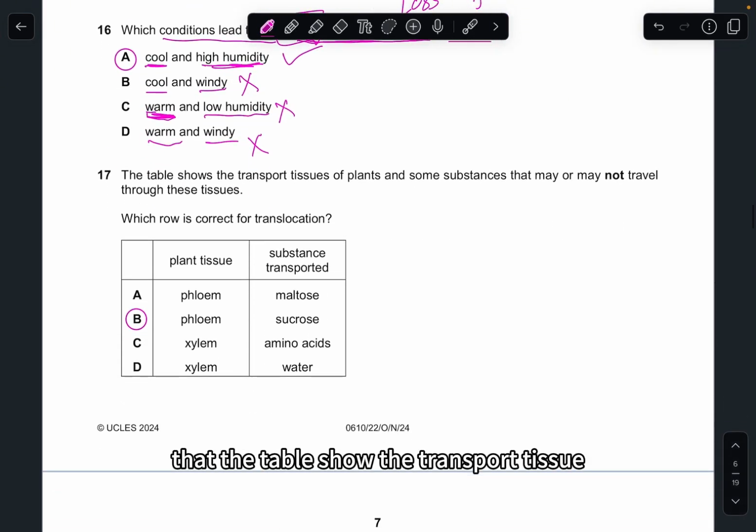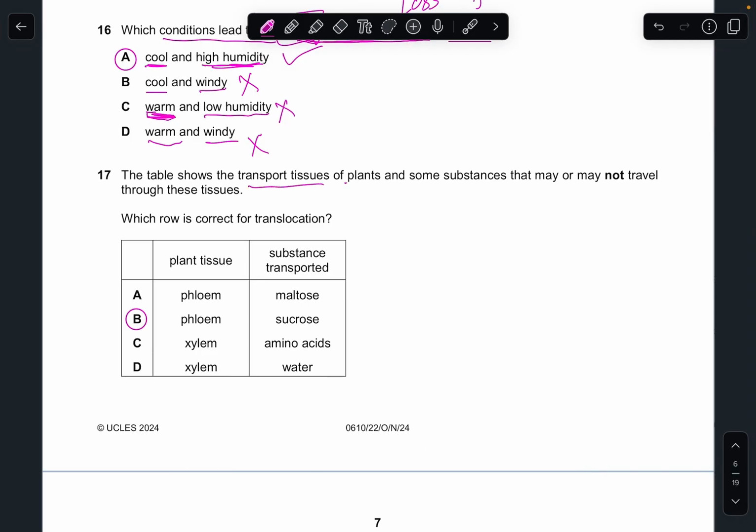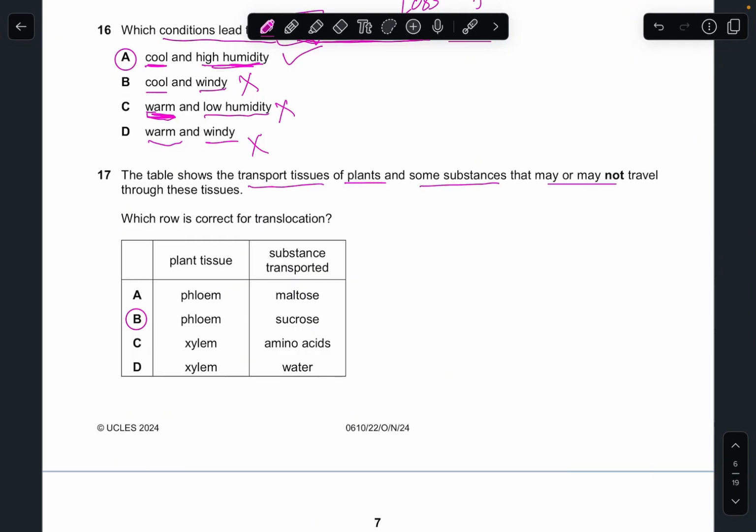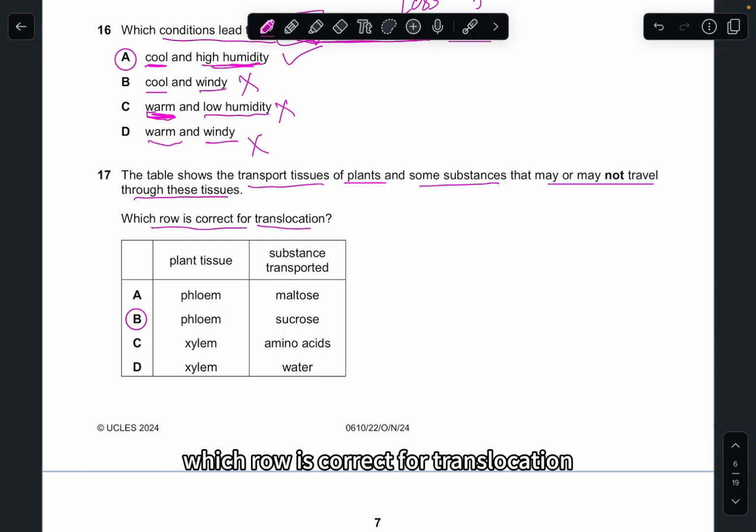Question number 17. The table shows the transport tissues of the plant and some substances that may not travel through these tissues. Which row is correct for translocation?